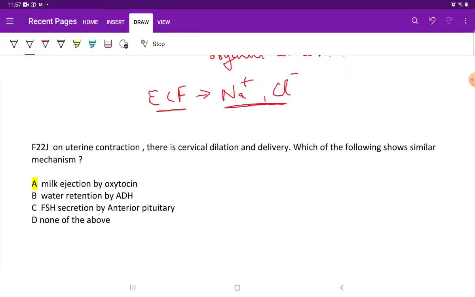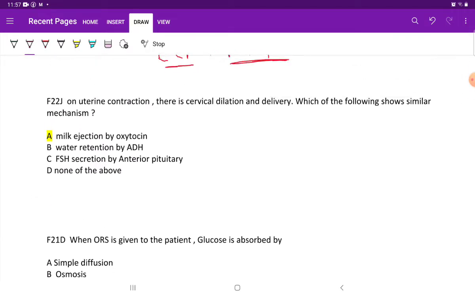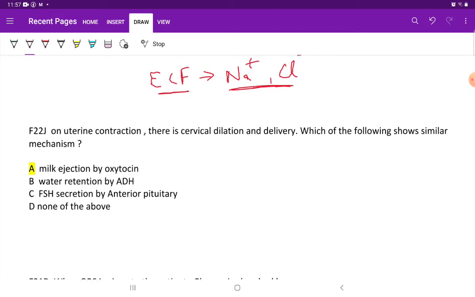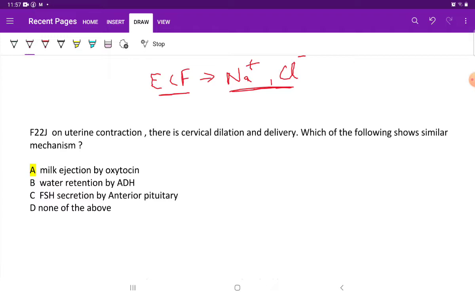The next question was asked in the FMGE 2022 June examination, the recent examination. On uterine contraction there is cervical dilation and delivery. Which of the following shows a similar mechanism? A, milk ejection by oxytocin, B, water retention by ADH, C, FSH secretion by anterior pituitary, and D, none of the above.